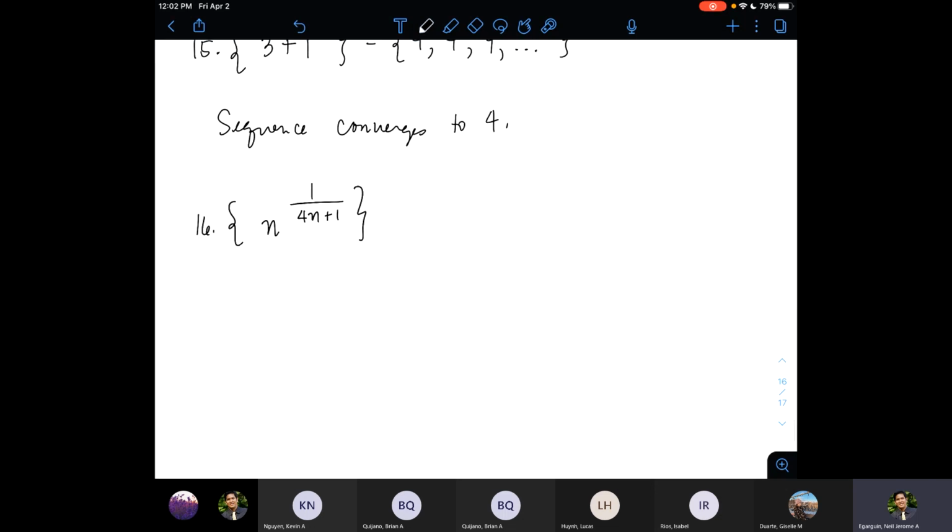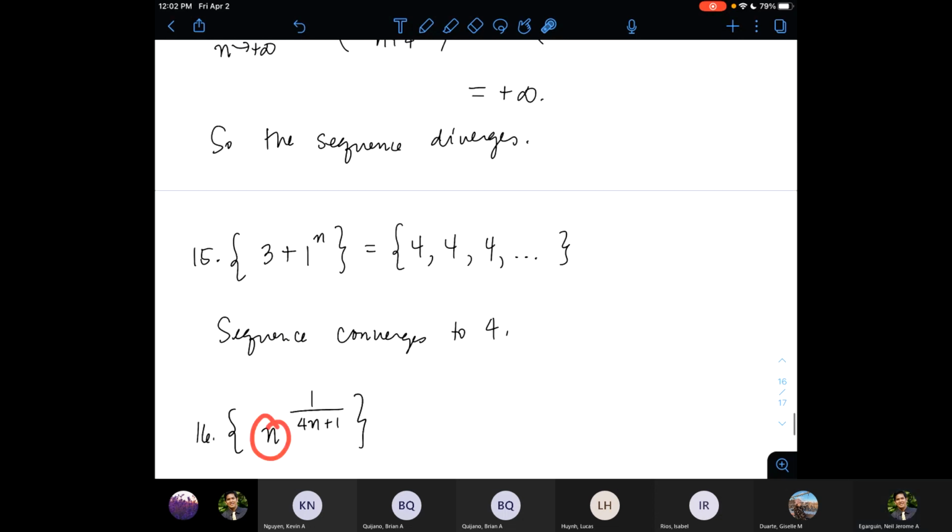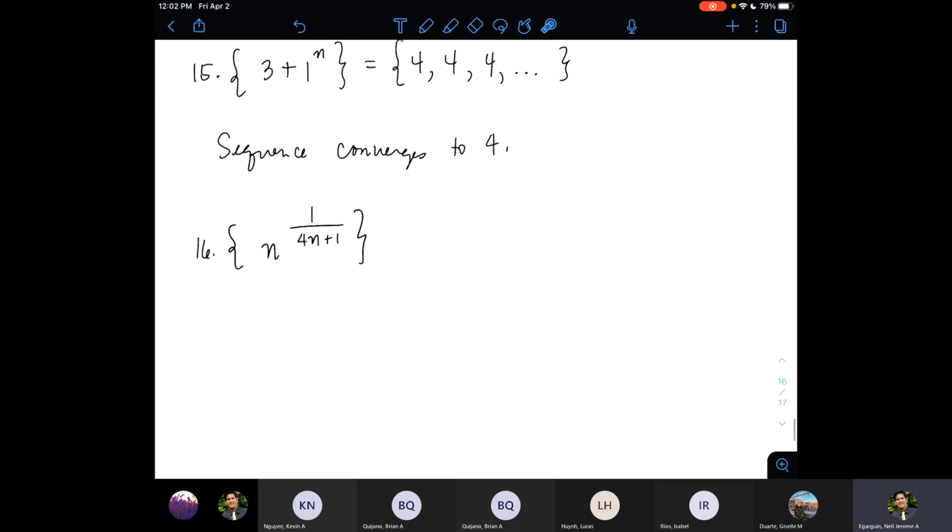In this particular example, we can first do a visual inspection or a quick check. When n becomes large, the base becomes very large as well, so this will go to infinity, raised to what?